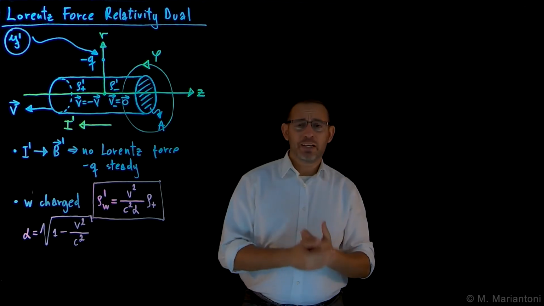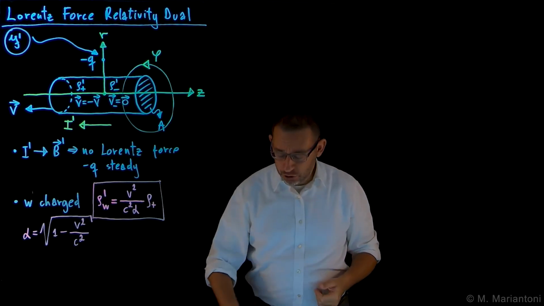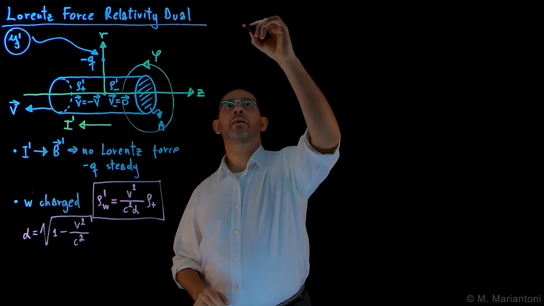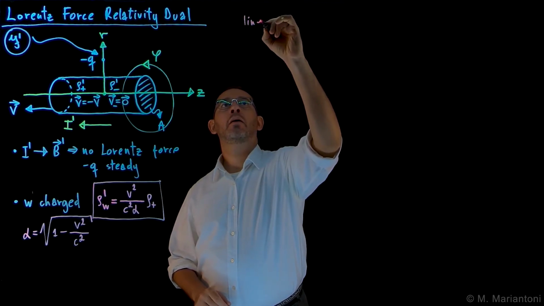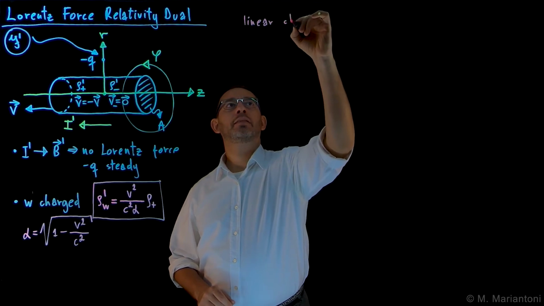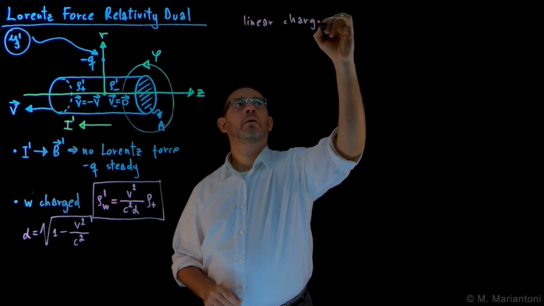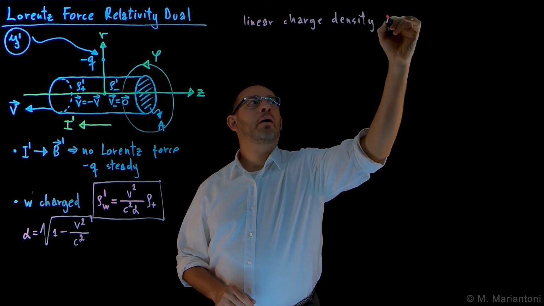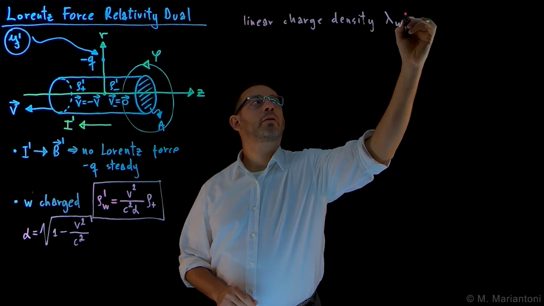Now, if I give you a quasi-filiform wire with this volume charge density, how can I compute from that the linear charge density lambda associated with the wire?